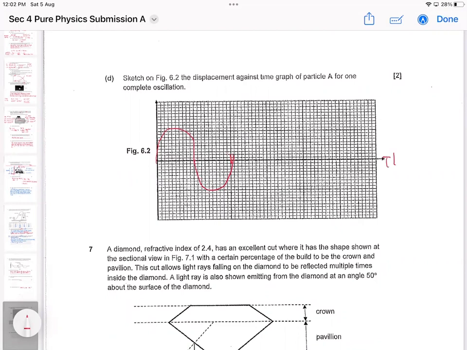This is your time axis. This should be your period, 0.2 seconds. It is the main thing that I need to show.